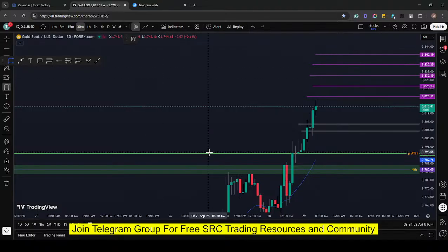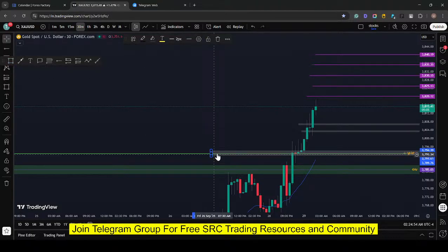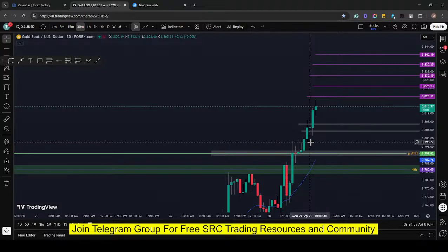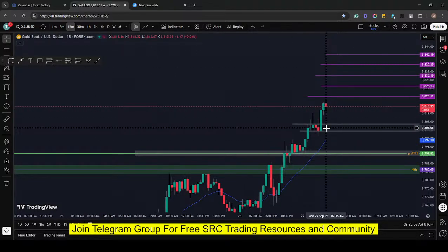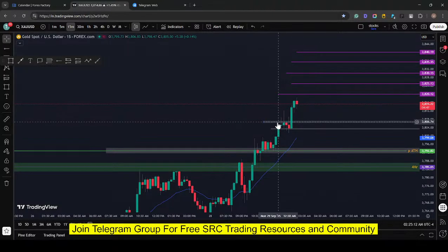This is the only zone where I can see some support formed. One, two, three, four, five. If we take buys here, it's far from the support, so it is low probability, right? On 15 minute, though, it makes sense because there is some consolidation and price broke above that.